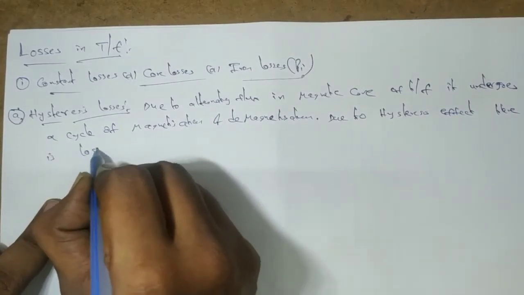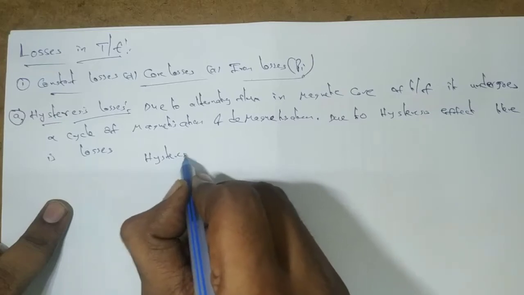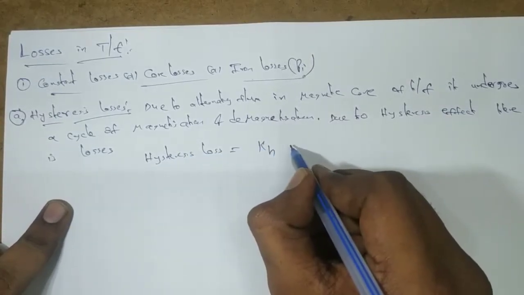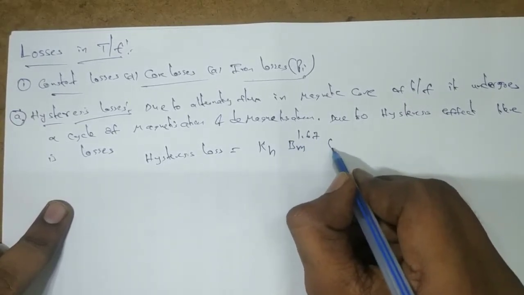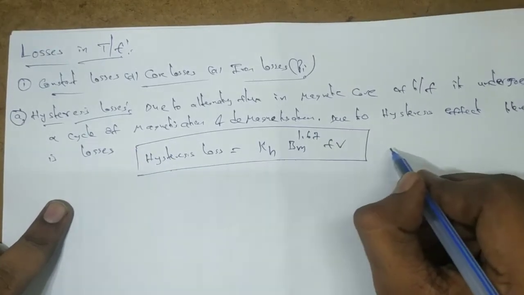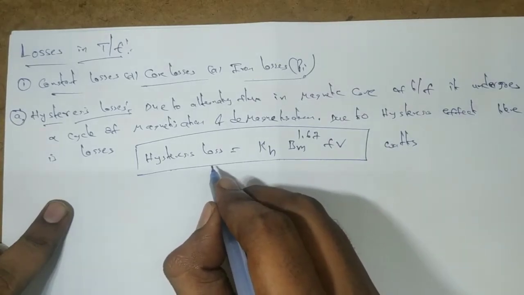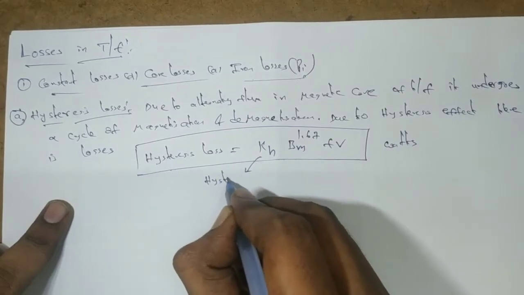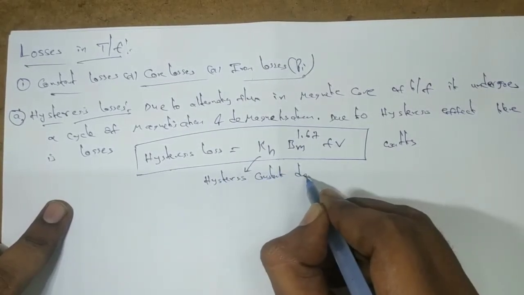Hysteresis losses are given by Kh into Bm, that is maximum flux density, to the power of 1.67, into F into V, where Kh is the hysteresis constant depending upon the material, Bm is the maximum flux density, F is the frequency, and V is the volume of the material used for the magnetic core. The unit of hysteresis losses is watts.